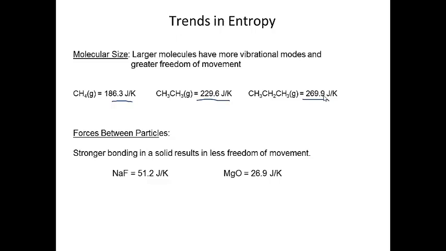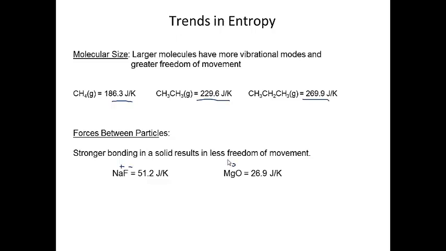Forces between particles in a solid, in particular, also play a role. If you look at the example of sodium fluoride and magnesium oxide, these involve ions that are roughly the same size. They're ionic compounds. But in the case of sodium fluoride, the charge on a sodium is +1. The charge on a fluoride is -1. And so that's a certain amount of ion-ion attraction here.